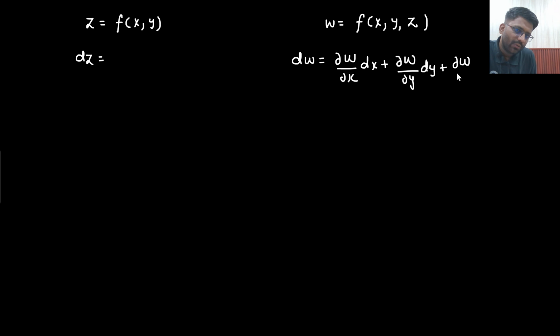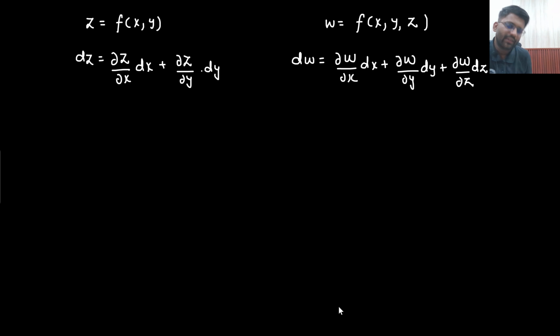Change in w with respect to z with other parameters constant, dot dz. That's it. For z as a function of x comma y: change in z with respect to x, other parameter constant, dot dx. Change in z with respect to y, other parameter constant, dot dy. Someone might ask, sir, what if I write del x by del z? That mistake you will not make, no?